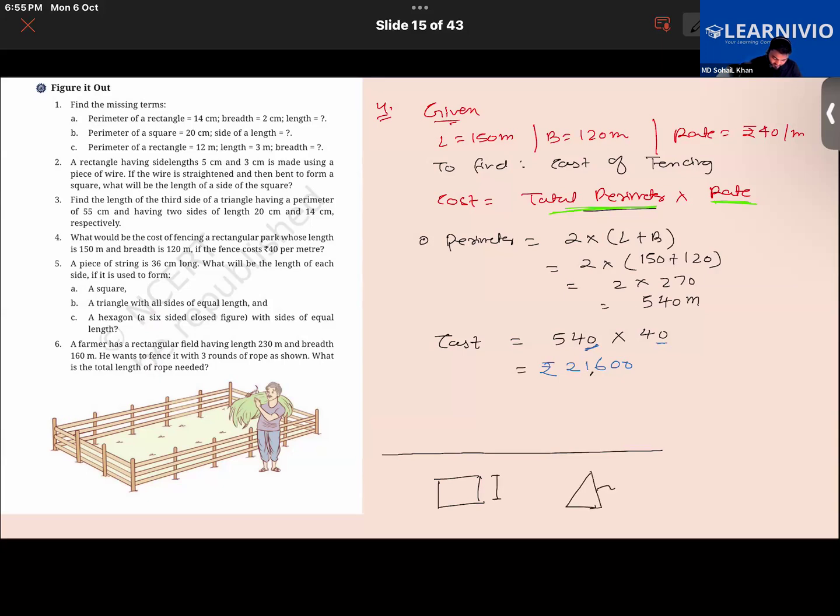So you will have to tell me what will be the length of the side here. And you have to make a hexagon like this. Hexagon is a figure having 6 sides. So what will be the side of the hexagon, keeping in mind that the string is 36 centimeter long, sorry. Moving on to question number 6.